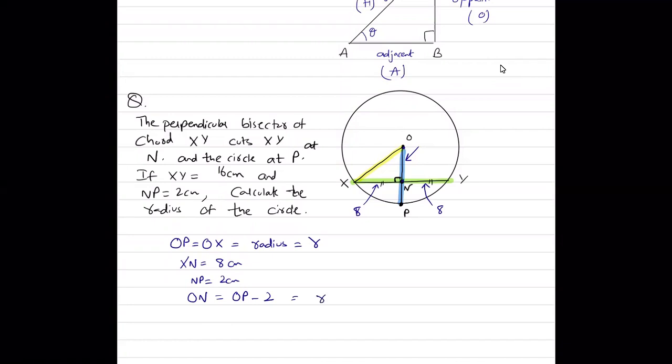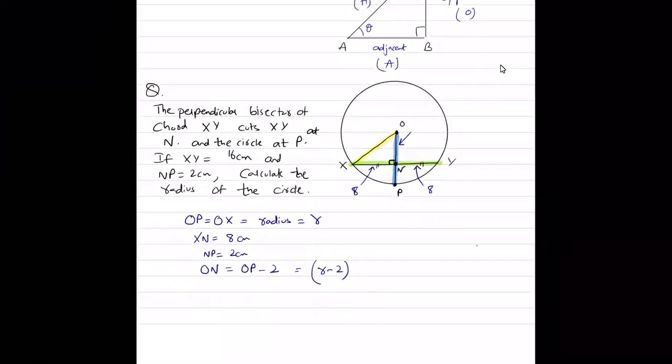So OP is the radius, so it comes out to be R minus 2. Now consider the right angle triangle ONX, in which ON is R minus 2 and XN is 8 and OX is R itself.